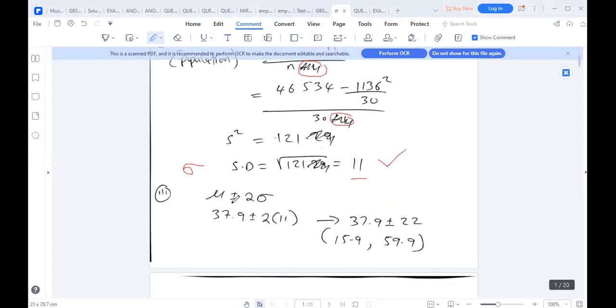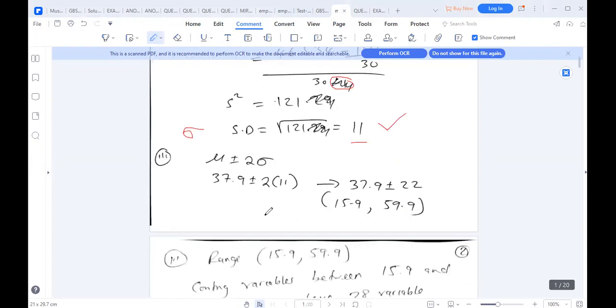So we use this formula here. The mean is 37.9, our 2 there, then our 11 there. So when you calculate that, our lower bound will be 15.9 and the upper bound is 59.9. So this is the lower limit and the upper limit.